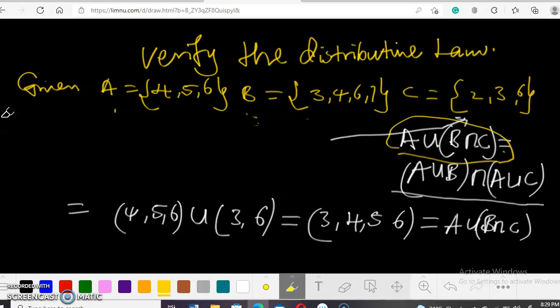So now we are going to take the right-hand side. For the right-hand side, we have A union B. We simply take A union B: 3, 4, 5, 6, and 7.